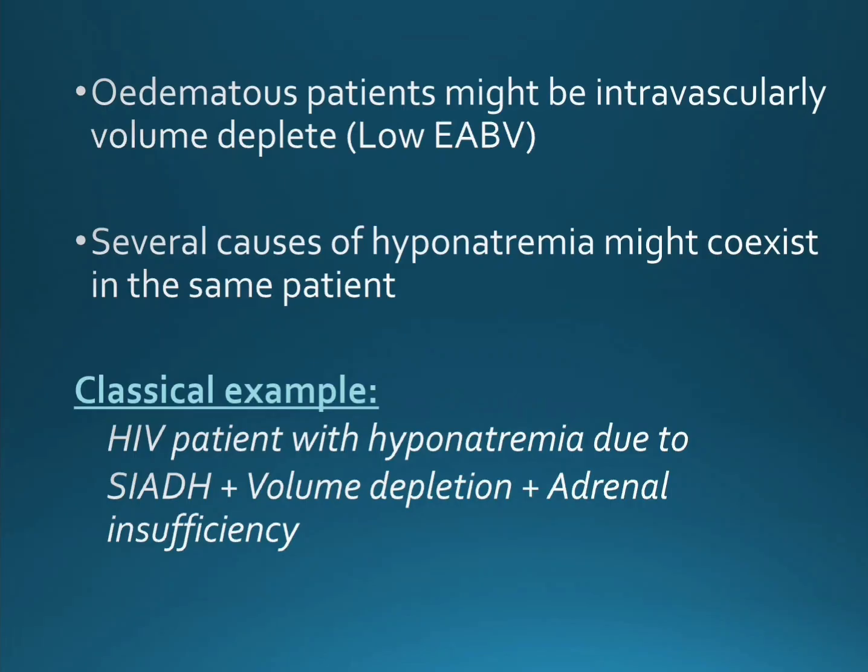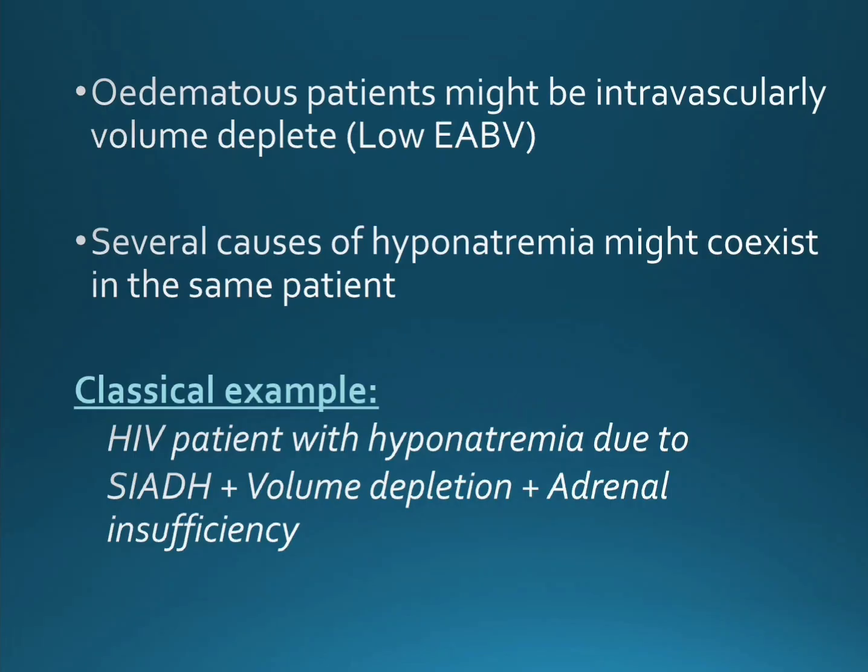In these patients, there will be edema in the form of fluid accumulation in the interstitium, for example, the lower limbs. However, the effective arterial blood volume, the portion of blood in the arterial system, is depleted. Therefore, the kidneys will sense a low volume rather than an overload.